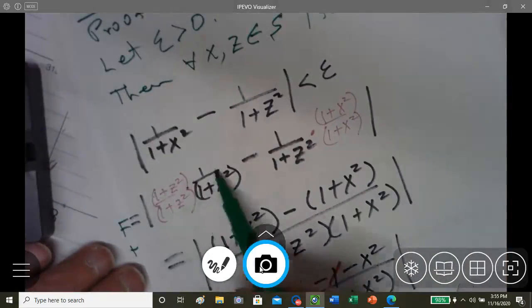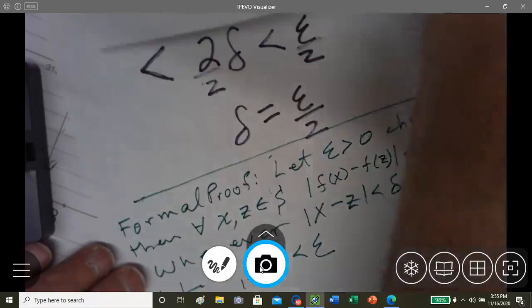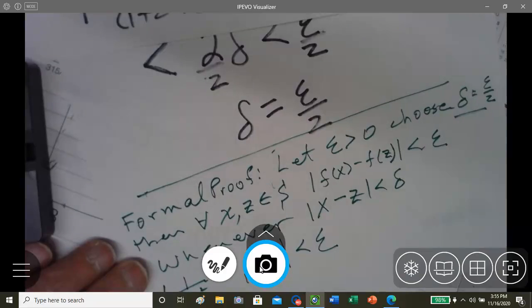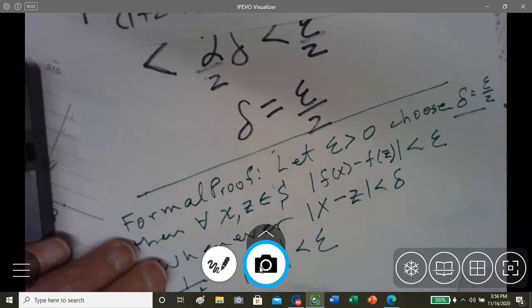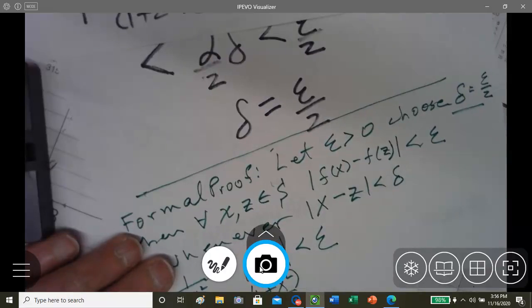So we already know that this is going to be 1 plus z squared minus 1 plus x squared, because we're combining those two, all over 1 plus x squared times 1 plus z squared.